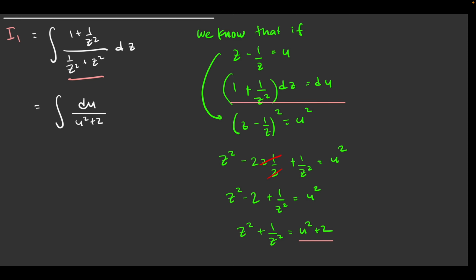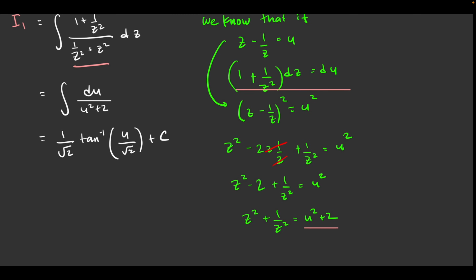Okay. Then, what does this mean? This means this is of an arctangent na form, where a will be square root of 2. So, that means this is just 1 over the square root of 2 arctangent of u over square root of 2 plus c.